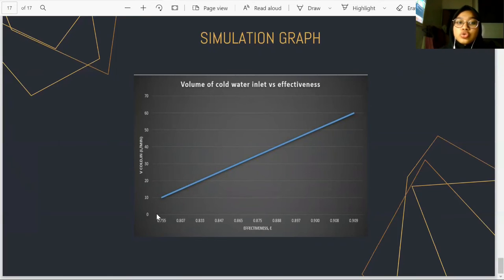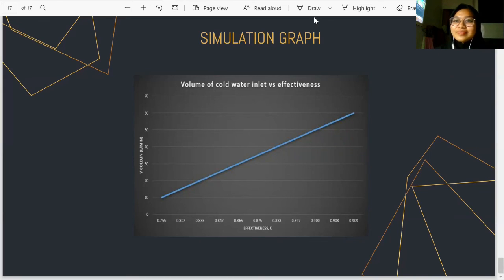This is due to the relationship where, when the volume of cold water increases, we have an increase in Q max, and our effectiveness is Q over Q max. So here I can conclude that the volume of cold water inlet is directly proportional to our effectiveness.